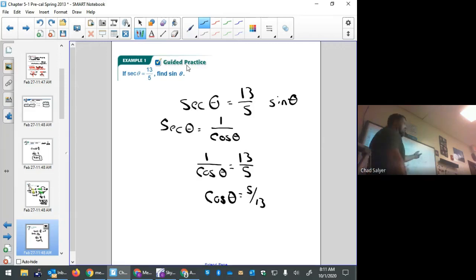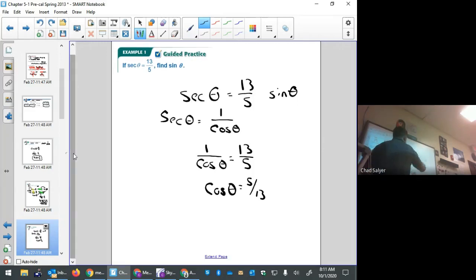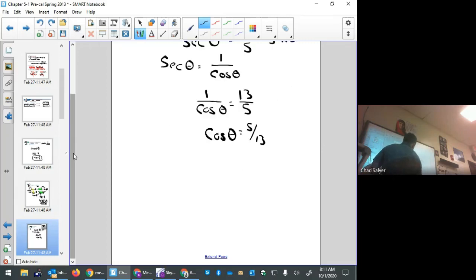But we still have to use a reference triangle. They're forcing us to use the old techniques because you can't get to sine from the cosine without more information. There probably should have been a second one here that they left off, but that's okay.